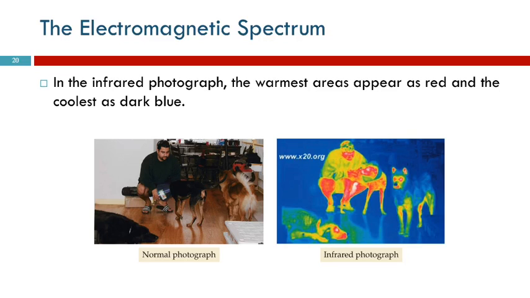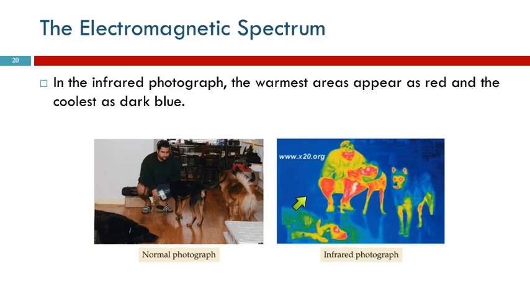So using an infrared camera, you can see that this man's legs and his face and the dog's eyes and ears are warmer than the dog's fur. And there we have proof that dogs' noses are cold. His nose is dark blue, right? So this is the normal photograph. This is infrared.